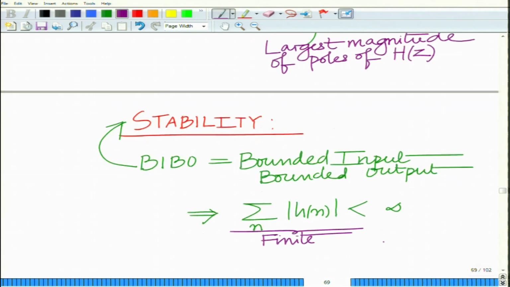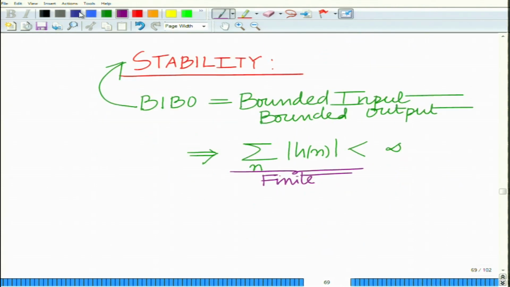Now, we can show that this implies that for a BIBO stable system, the transfer function, that is H(z), must include the unit circle in its ROC, that is in its region of convergence.